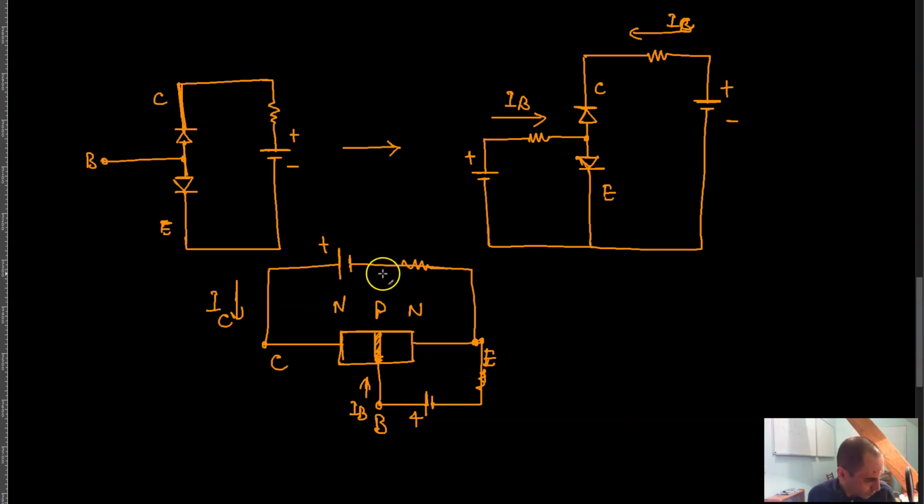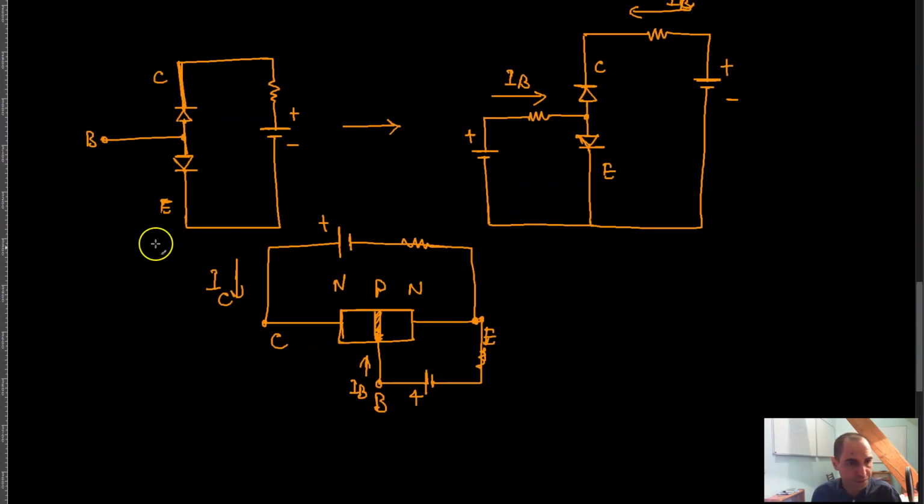And so in short, you can say that whenever the base current is flowing, the collector current can actually be flowing, provided that you connect your transistor to a power supply in this manner. You have a transistor like this.